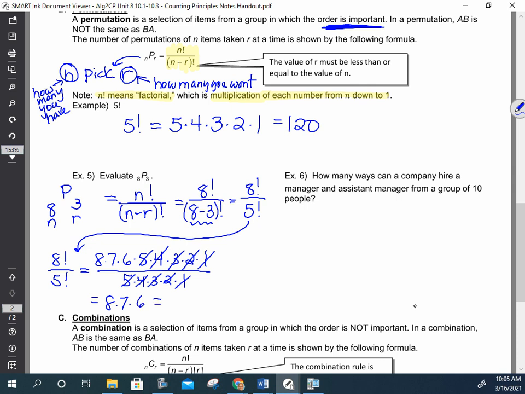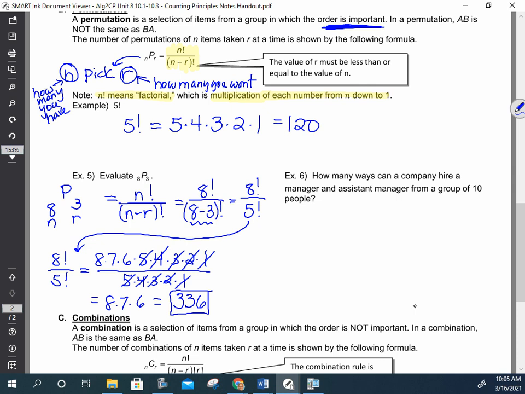And then you multiply that out and you're done. 336. So that's the long way.